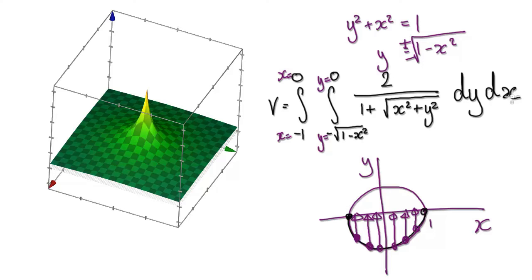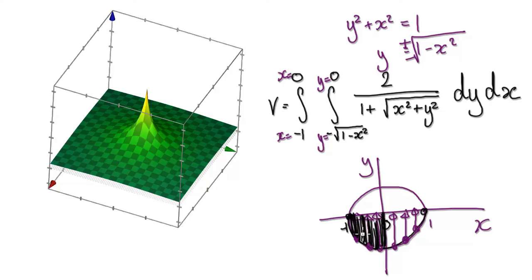But it's saying scan in the x direction, scan from -1 to 0. Well, -1 is here and 0 is here. So scan from -1 to 0. So you're scanning along like this, and then you stop at x equals 0. So really we're interested in this region here.